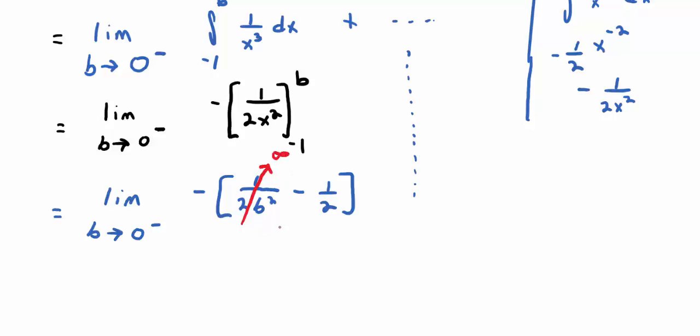The fraction goes to, in this case, positive infinity because it's 2b squared. So even though you're getting close to 0 from negative values, the denominator is positive, so it'll be getting close to infinity. But there's a negative out in front, so it will be negative infinity. So this limit then is negative infinity. I'm not going to touch the other one, it doesn't matter. If one of them doesn't converge, then we say the integral diverges.